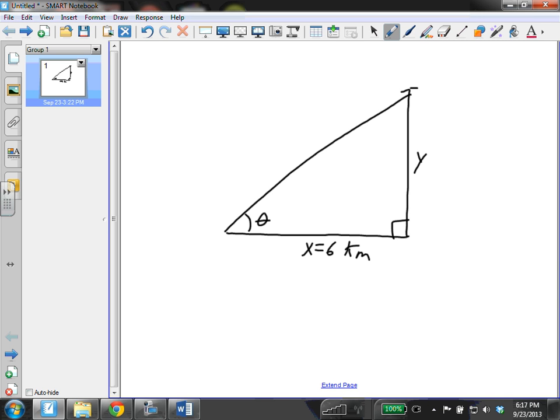So let's go through and see what kind of information we can get. It says the spy uses a telescope to track a rocket launched vertically from a launching pad 6 kilometers away. We already have that in our picture. At a certain moment, the angle between the telescope and the ground is equal to pi over 3. So at this moment, theta is pi over 3.